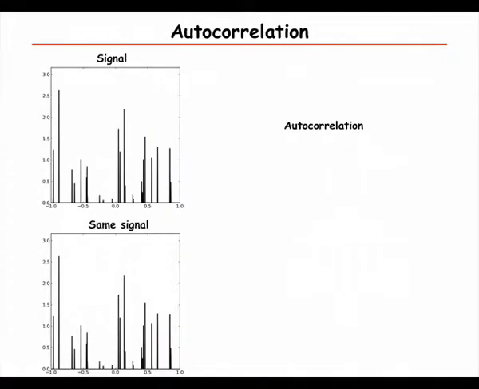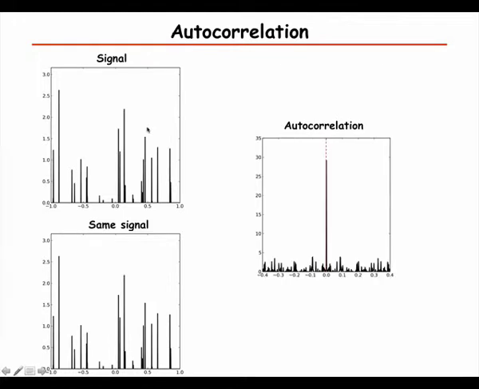So if you look at autocorrelation, here we have a signal, and then we have the same signal, and we calculate the autocorrelation between them. We see that we get a large peak at around 0.